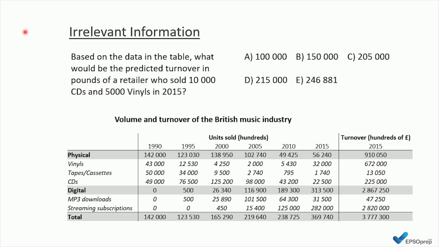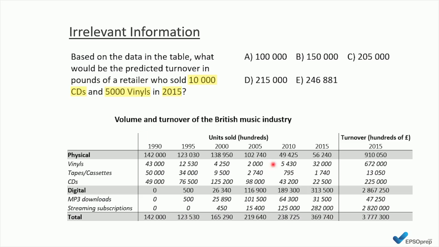So reading that through, based on the data in the table, what would be the predicted turnover in pounds of a retailer who sold 10,000 CDs and 5,000 vinyls in 2015? So there's our key important information. Our retailers sold 10,000 CDs, 5,000 vinyls, and we're looking at the year 2015.